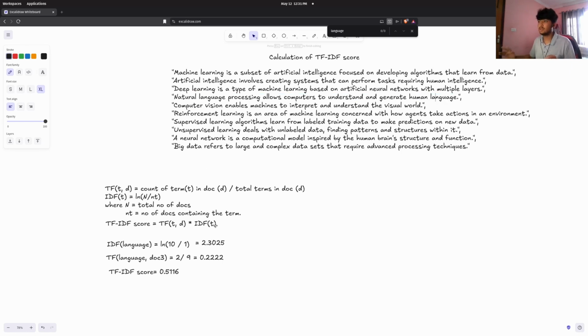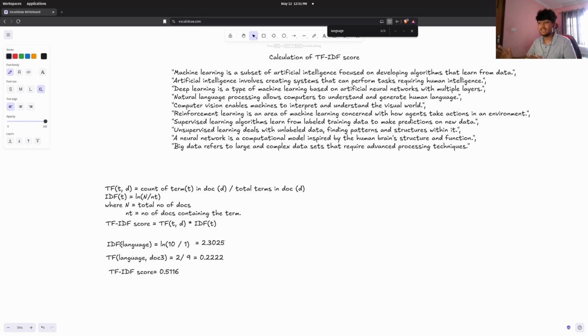So the count of the token language in document 3 is 2, divided by the total number of tokens. Counting: first, second, third, fourth, fifth, we remove this, sixth, we remove this, 7, 8, 9. So there are 9 tokens, and we get this TF score.